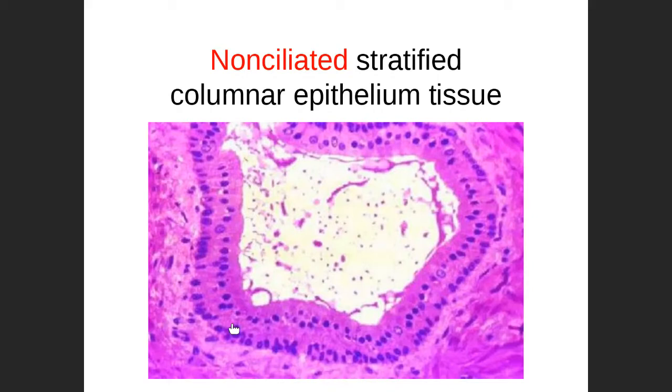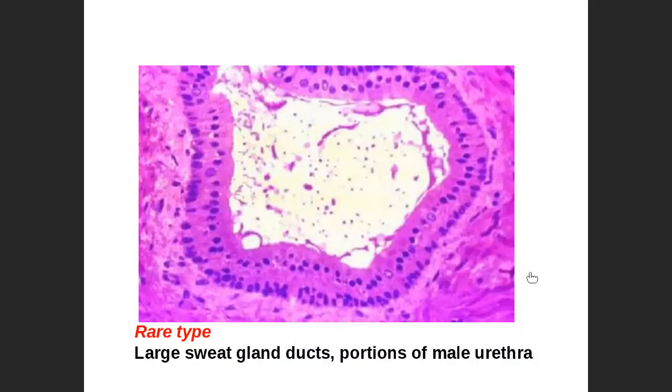Another easy way to tell is that there's quite a bit of space between the nuclei of one columnar cell and the nuclei of another columnar epithelial cell below it. We'll see this type of epithelium in some of our larger sweat glands and portions of the male urethra. That concludes the epithelium.